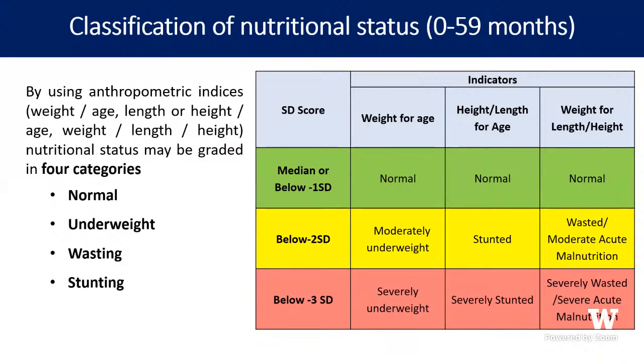Below the third centile means the weight is around 4-5 kgs, and the length of the baby is around 40 to 50 centimeters. You understand? So normally the child should have been 70 centimeters or 10 kgs, and now is only 5 kgs, or the length is around 50 to 60 centimeters, then definitely this child is severely stunted.